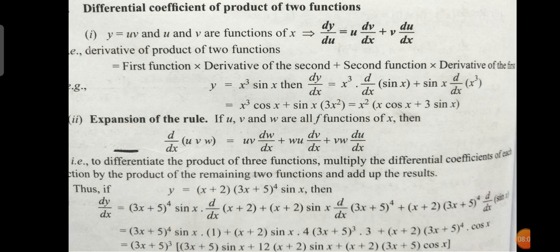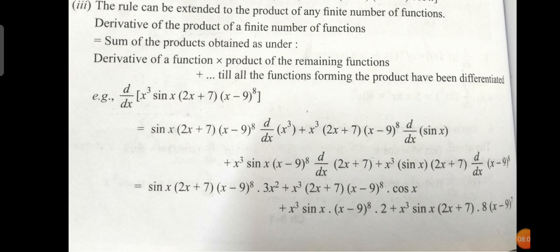Okay, yes. And the next rule is for a finite number of functions. The derivative of the product of a finite number of functions is the sum of the products obtained as the derivative of a function into the product of the remaining functions.